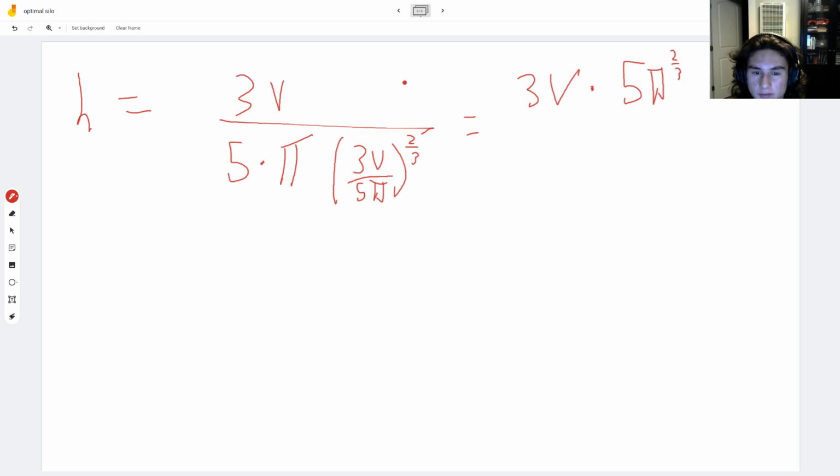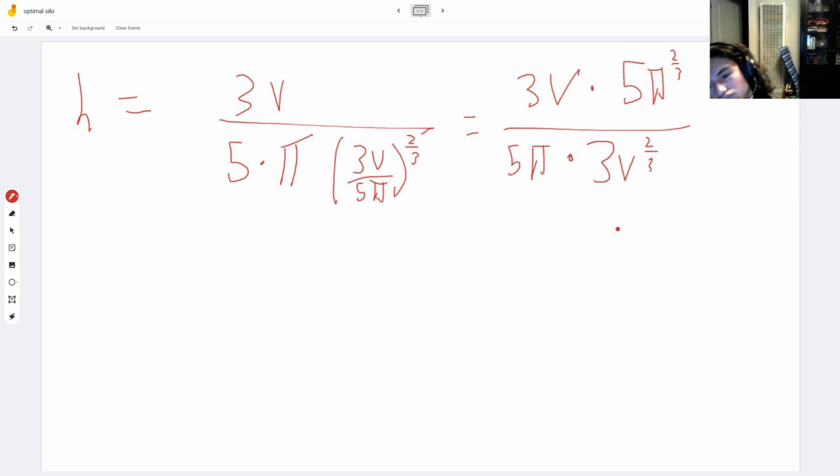Because this part got flipped over because we separated the 2/3 out, divided by 5 pi times, and we still have on the bottom 3v to the power of 2/3. So now we can start canceling out, because this is basically to the power of 3/3. This is to the power of 3/3. So 3 minus 2 is equal to 1/3.